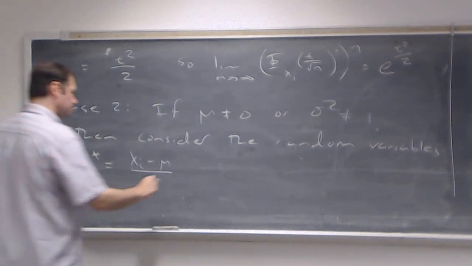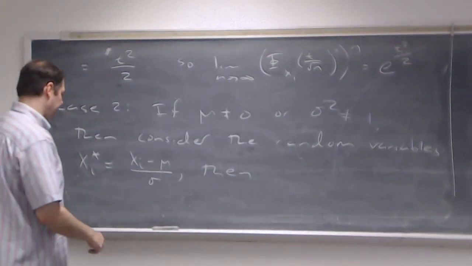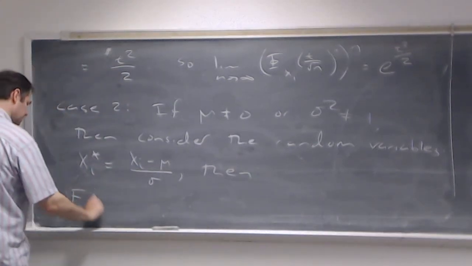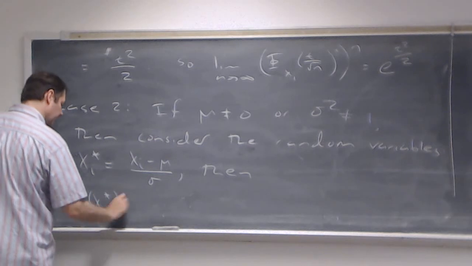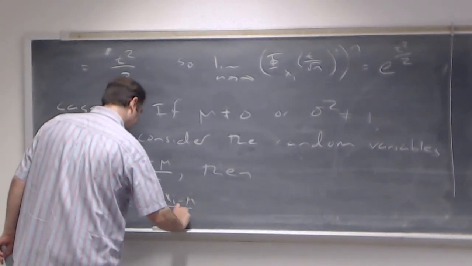And let's take a look at the expected value of the x sub i stars. Well, that's equal to the expected value of x sub i minus mu over sigma.